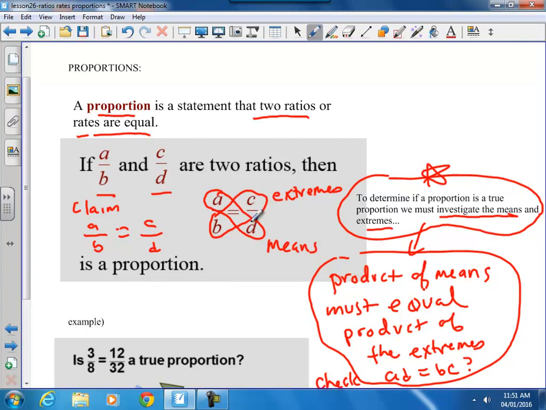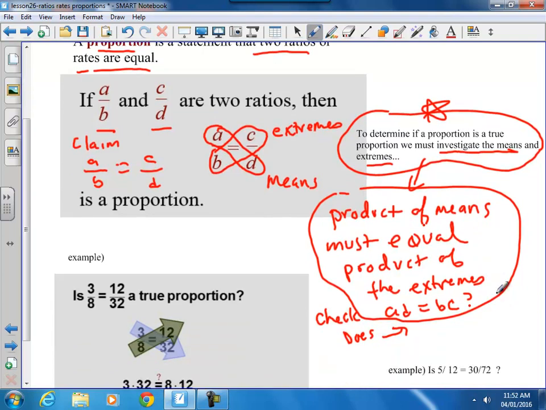The product of the means must equal the product of the extremes. So note to self, product of means must equal product of the extremes in order for it to be true. So you test to see it.